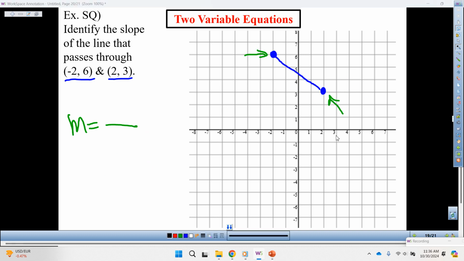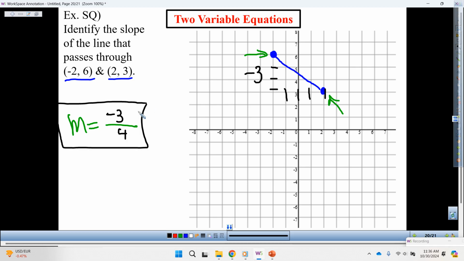Okay, but we start either up or down. Down how many? 1, 2, 3. That is correct. Since we went down, it's -3. -3. And then? Four to the right. 1, 2, 3, 4.